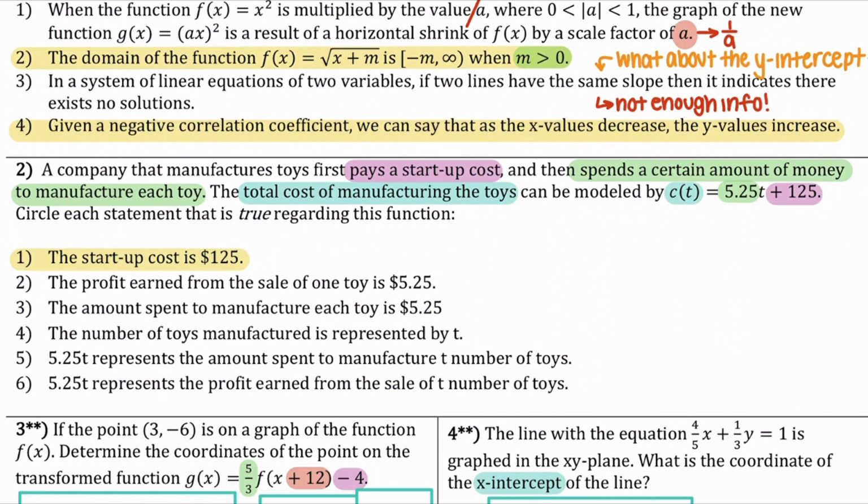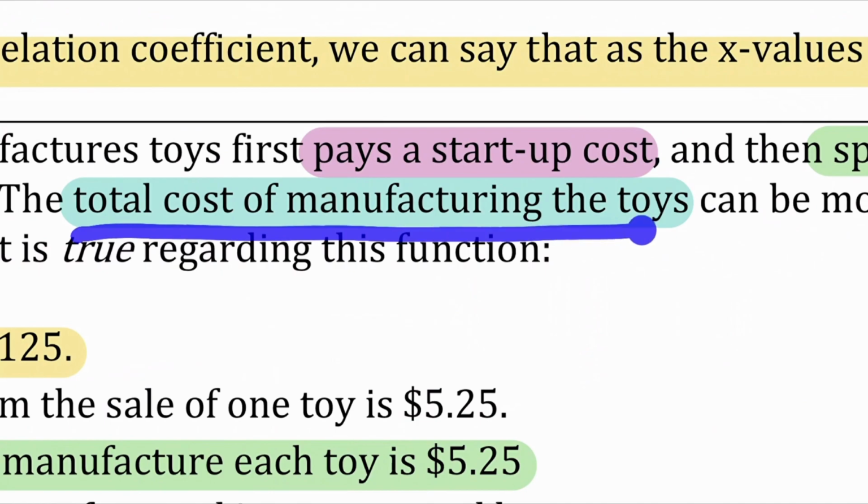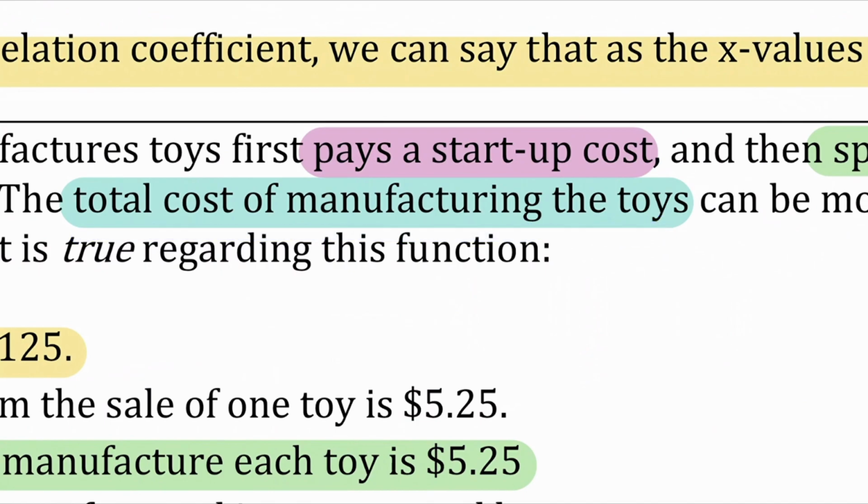Number 3, that's pretty straightforward, like we said before. The amount of money spent to manufacture each toy is $5.25. So once again, just to break down this equation, T in this case represents toys because C of T represents the total cost of manufacturing the toys.